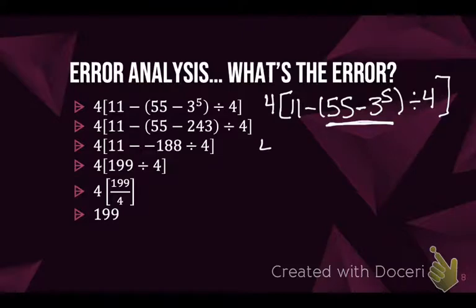Okay, so 4 times 11 minus 55 minus 3 to the 5th, which I do think 3 to the 5th is 243, but I'm going to check it. Yes, that is 243.